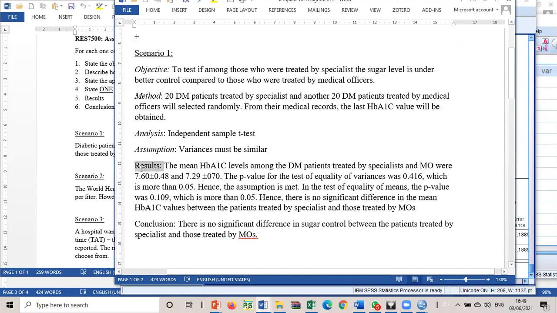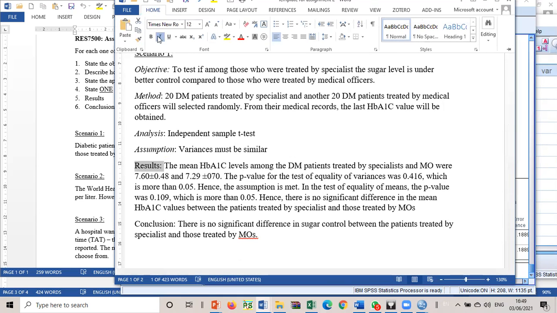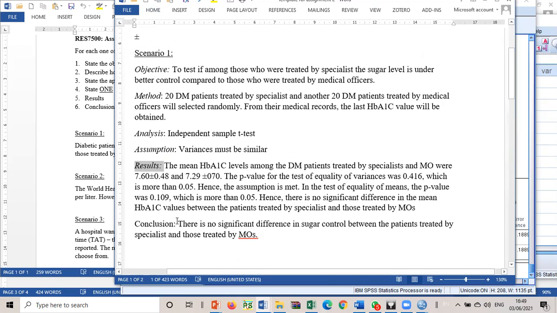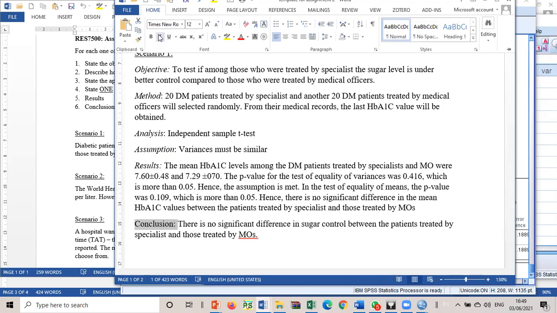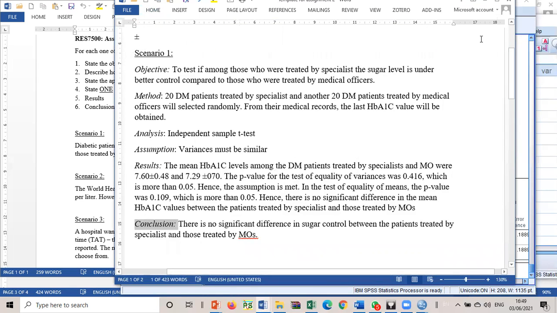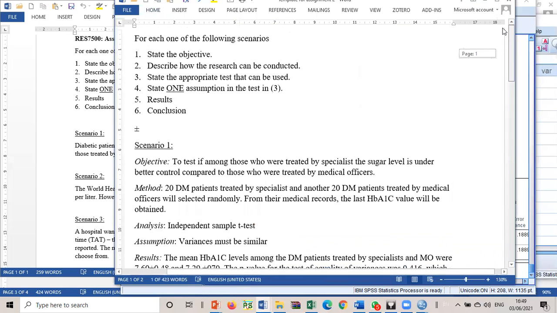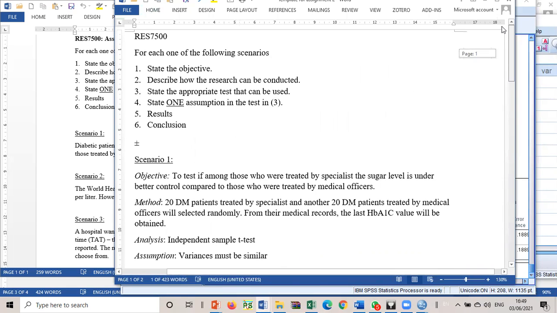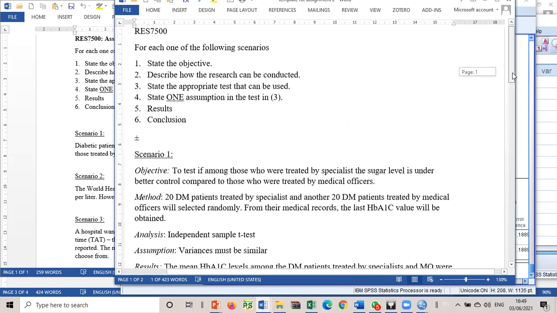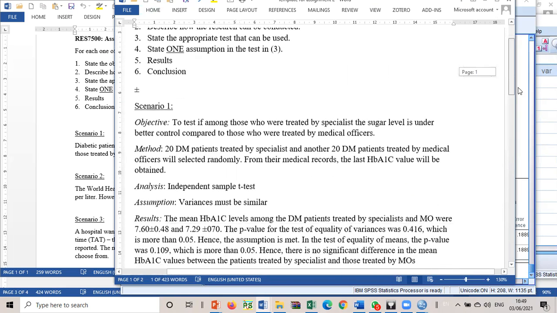Results. Right. So this scenario says, state objective, describe how the research can be conducted, means how the data can be collected, state the appropriate data analysis that can be used, one assumption, results, and conclusion.